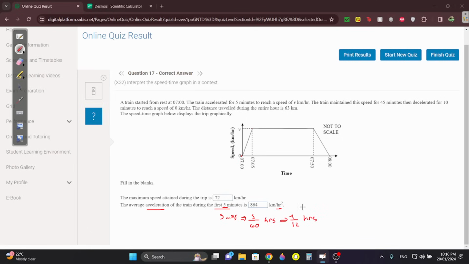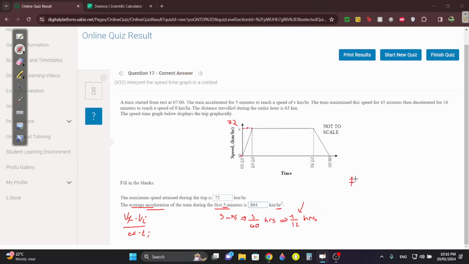So what's the acceleration in this 1 over 12 hours? How do you find acceleration? It's velocity final minus velocity initial over time final minus time initial. During the first 5 minutes, we said that it reached the height of 72.